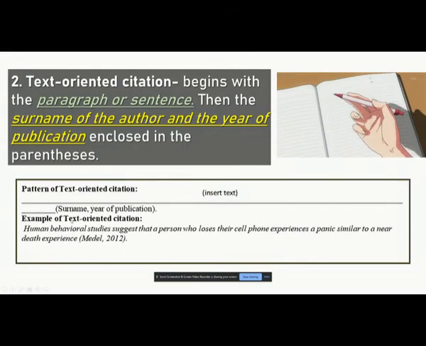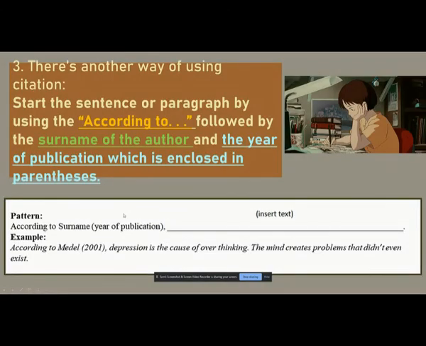Unlike the text-oriented citation, it is enclosed together with the last name or the surname and comma followed by the year of publication enclosed in a parenthesis. So please notice the difference between the text-oriented citation and the beginning of using the in-text citation.